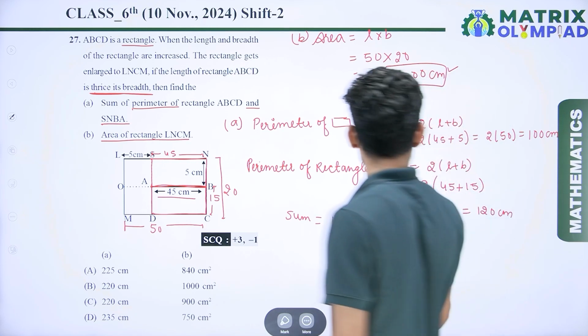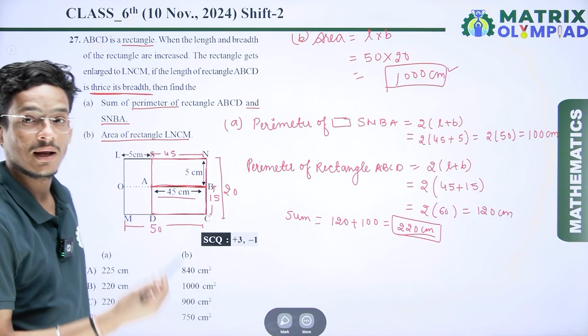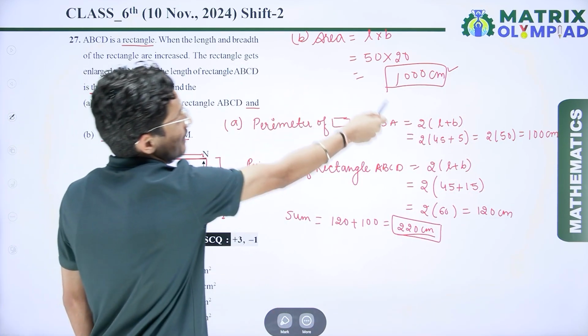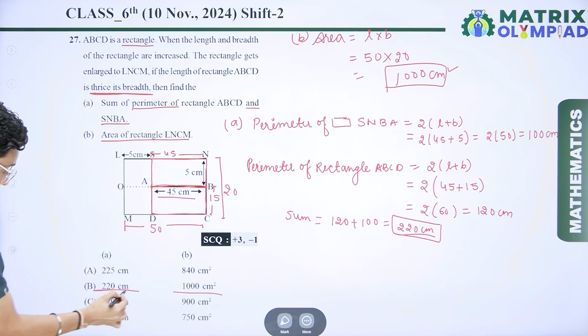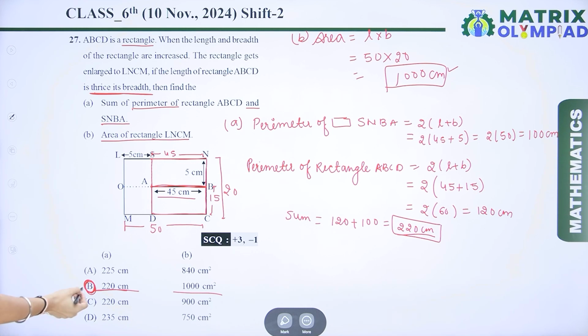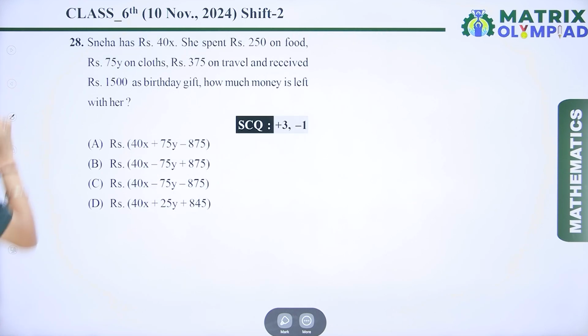So here we have perimeter 220 centimeters and area 1000 centimeter square. Where is 1000 centimeter square and 220 centimeters? I can say that option B is the correct answer.